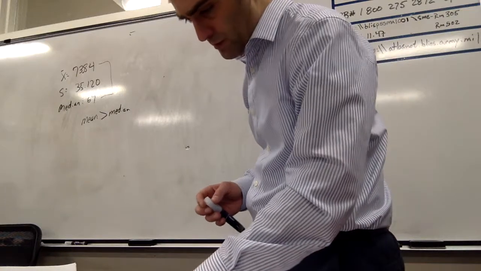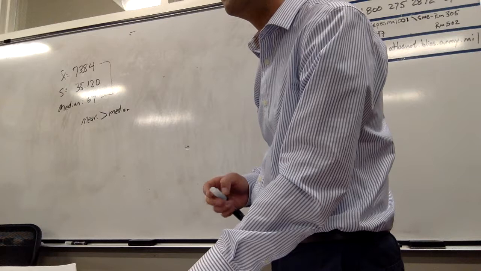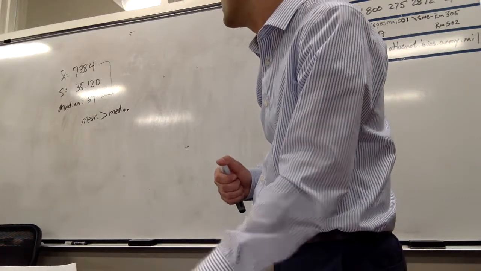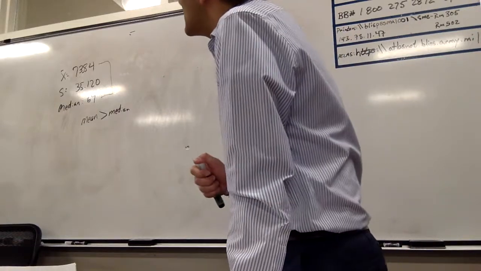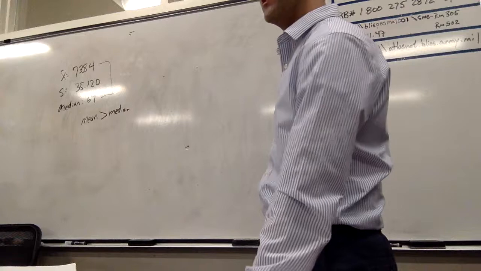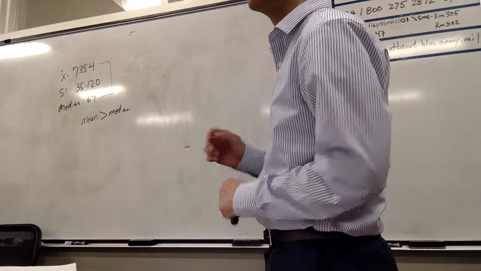Questions about 5? Could you have also put that because the standard deviation is above plus or minus 3, it shows that it's skewed? No, because it's the relationship between the mean and the median. Good. Others?